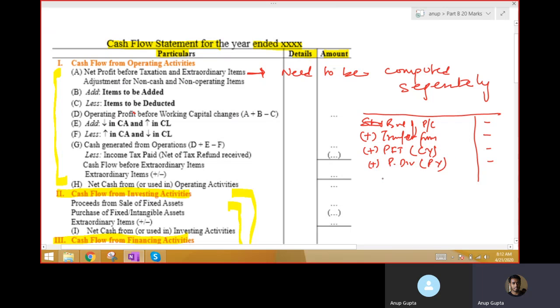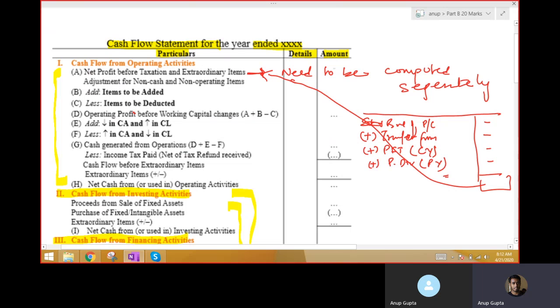Transfer to reserve, provision for tax, proposed dividend will be recorded, and then you add whatever amount you get. Anything else, we will solve the question, and as per the question we will modify this, but let this be the basic statement of P&L, and the balance of P&L is recorded here.